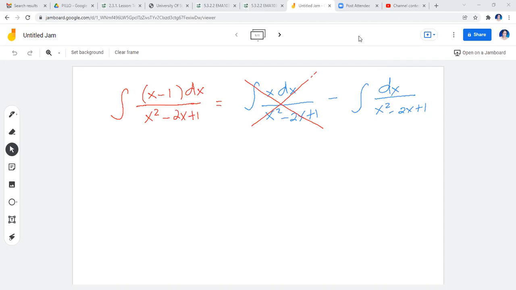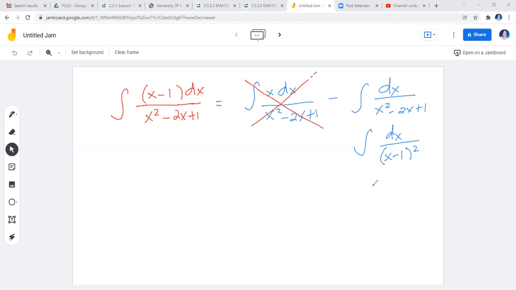If it's just a wild guess, then that guess of yours is correct, because this can be written as dx over x minus 1 squared. If you expand this, it would be equivalent to this.